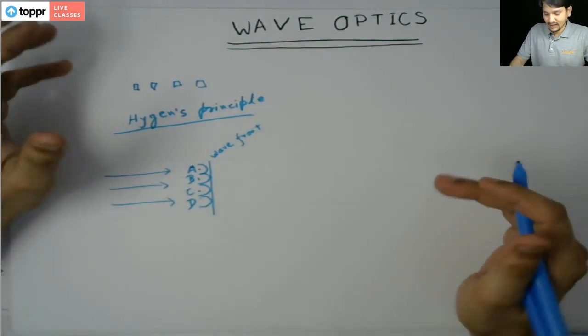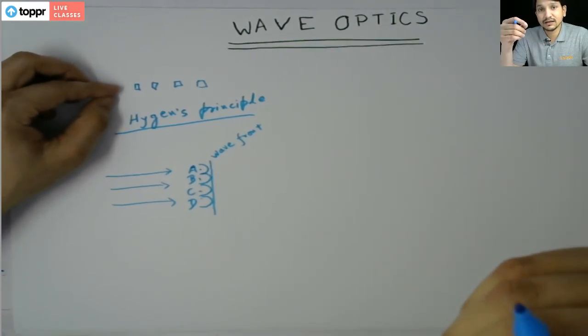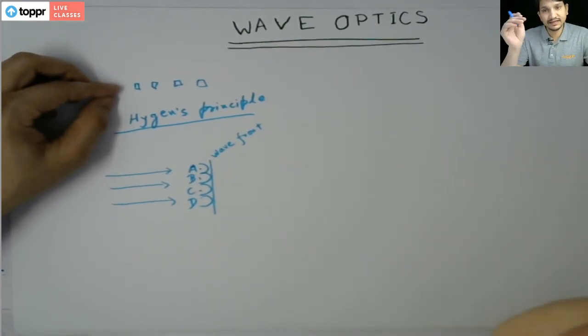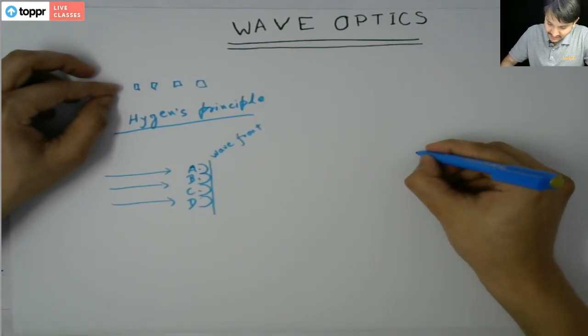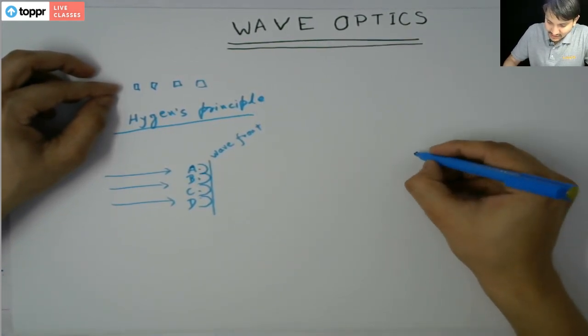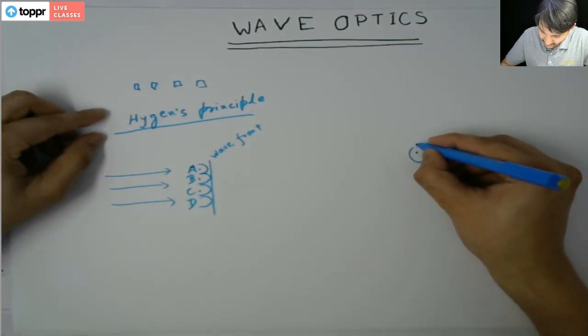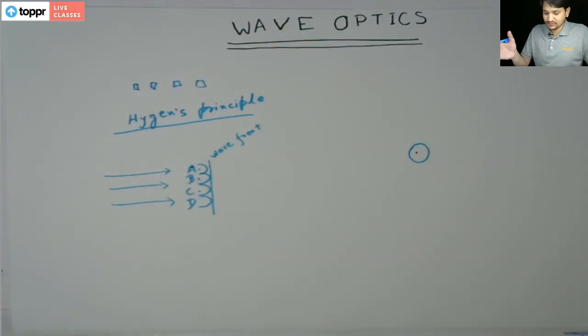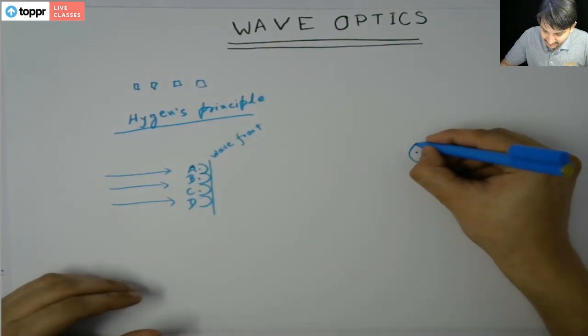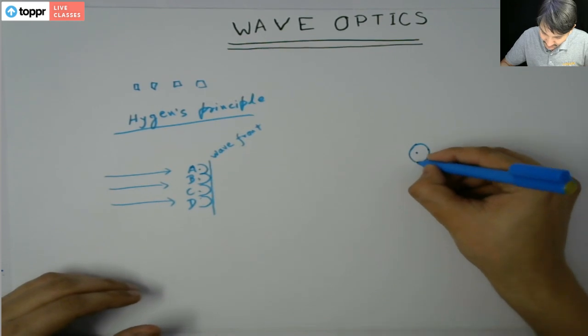So consider the original source as a point. Light starts from here as a wave. Obviously it will go throughout, and another wavefront will form like a circle around this point. More precisely, this is not a circle, I would say. Obviously light will move in 3 dimensions, so it will be a sphere. Now consider every point on that sphere.